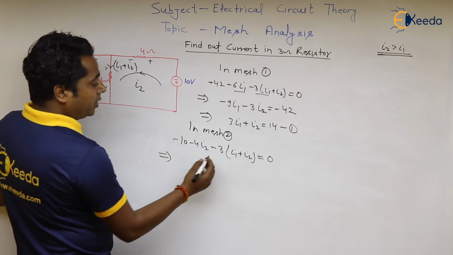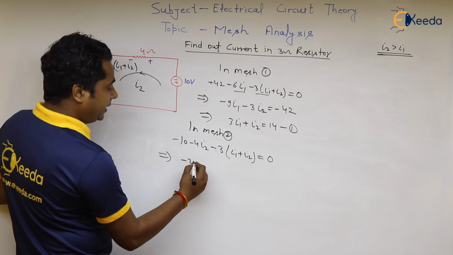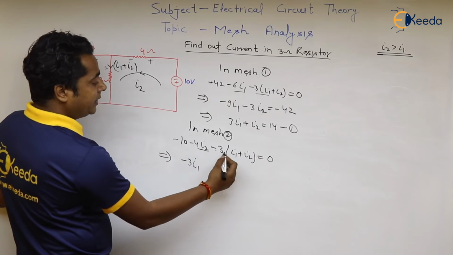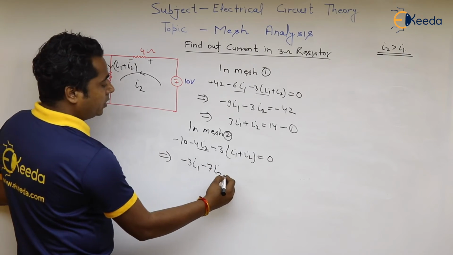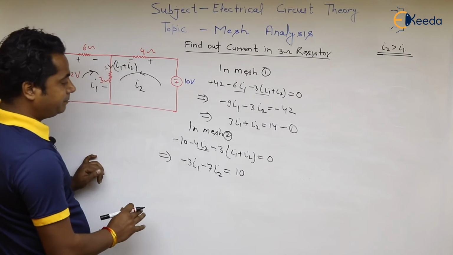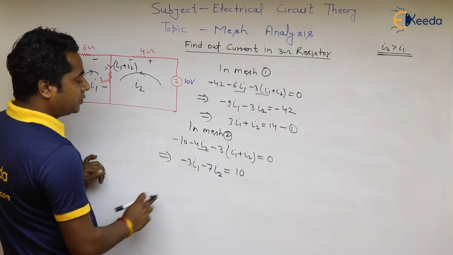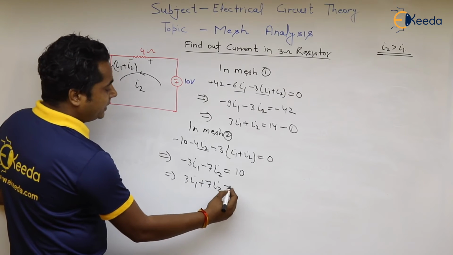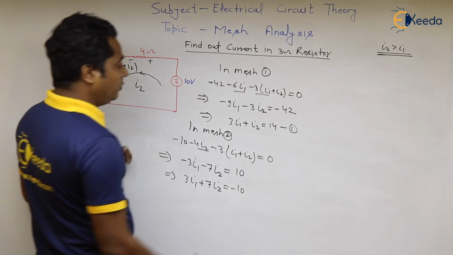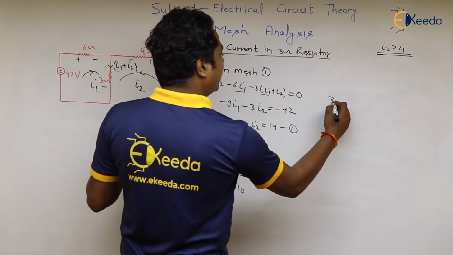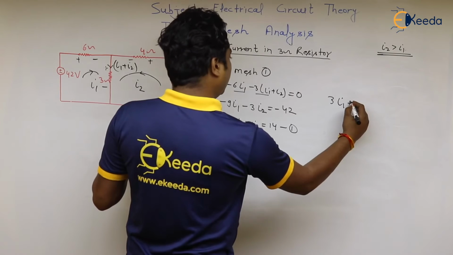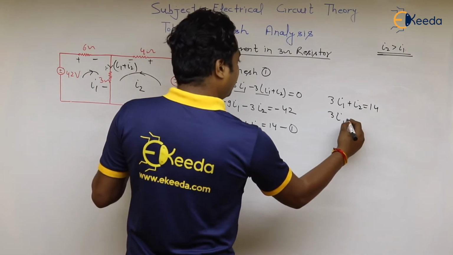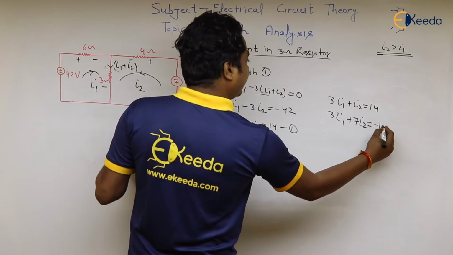So writing here minus 3 I1, and minus 4 I2 minus 3 I2, minus 7 I2 is equal to 10. So we have these two equations: 3 I1 plus 7 I2 is equal to minus 10. Now we have to solve these two equations: 3 I1 plus I2 is equal to 14 and 3 I1 plus 7 I2 is equal to minus 10.